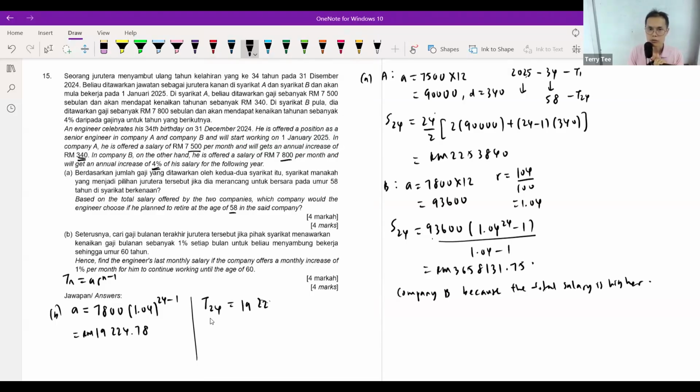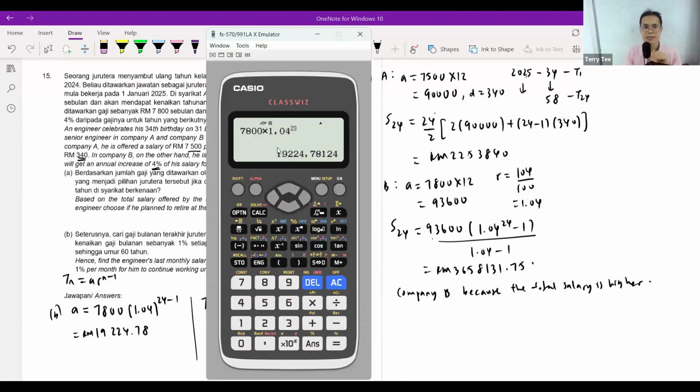Begin with 19,224.78. Sorry, very ugly. Your r in this case is no longer 4%. It's 1.01. You increase by 1% every month. Okay, and you do that for the next 24 months. Every month increase 1%. So find his last salary on the last month.